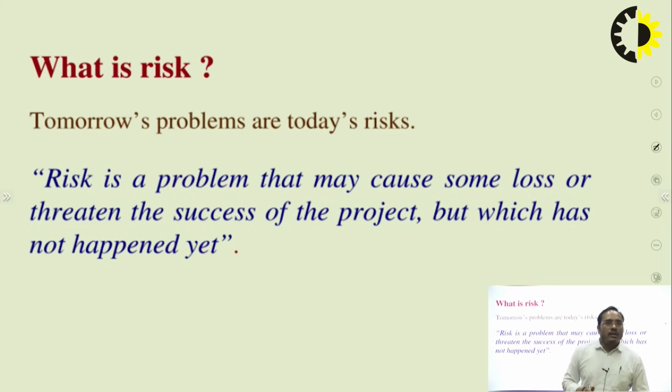Threaten means that if you are going to develop a project, maybe it will cause a problem, or the success of the product will be threatened. Maybe some people may threaten the project. There are two different types of risk that may occur at the development of the project, at the launch of the project. Product means project.